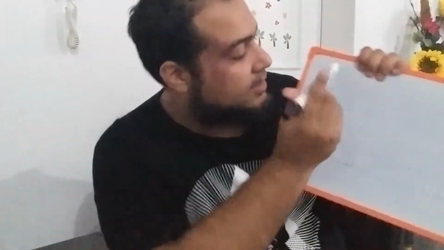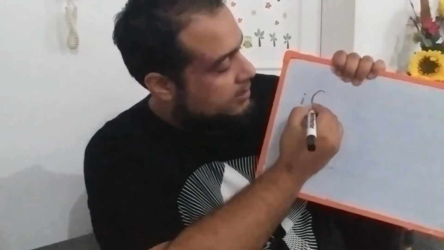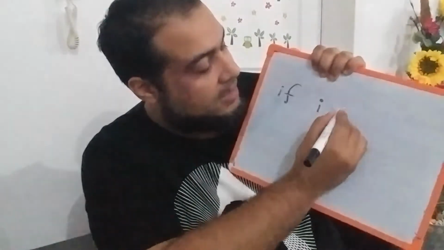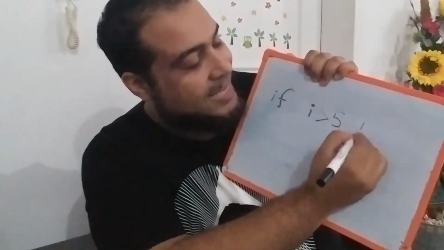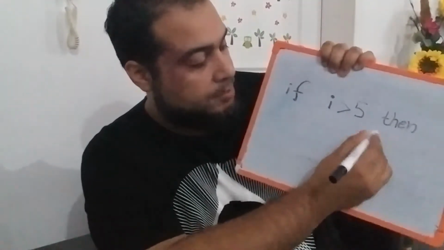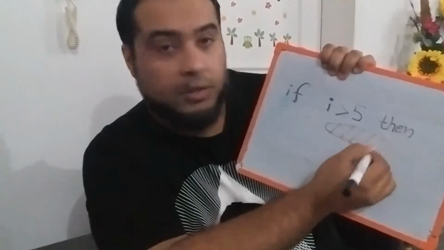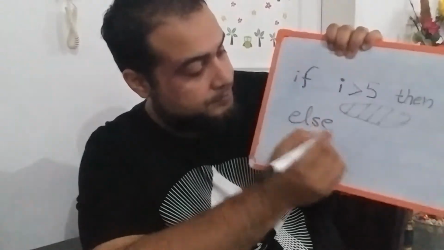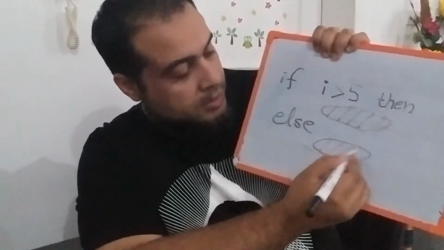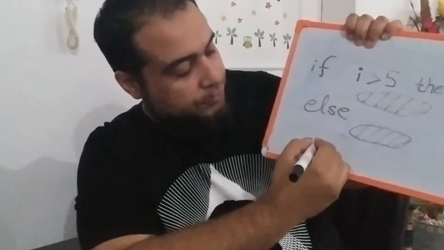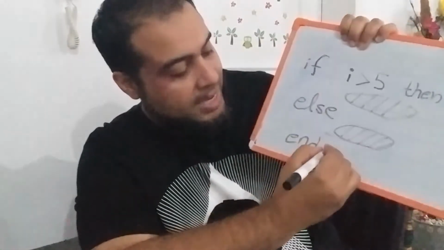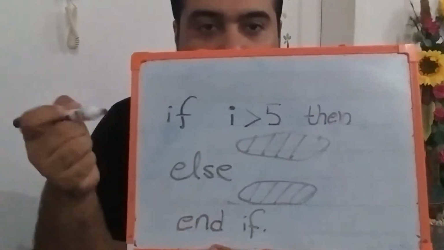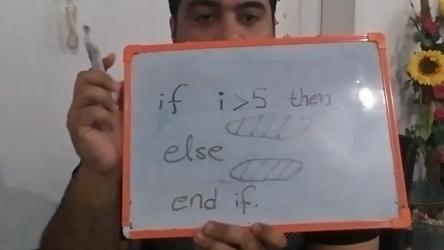Then how you put the command is: if I is greater than 5, then, and you put something here, whatever you want to achieve in the next row, else, you put something here, and you finish the statement with end if. So this is how you write your basic conditional statement within Visual Basic.